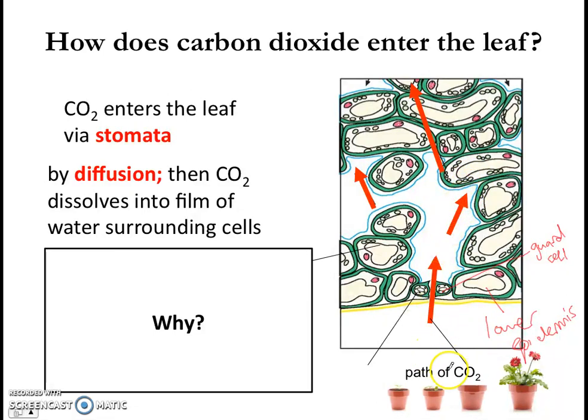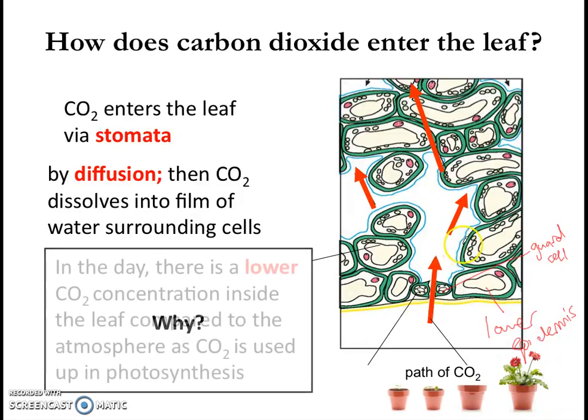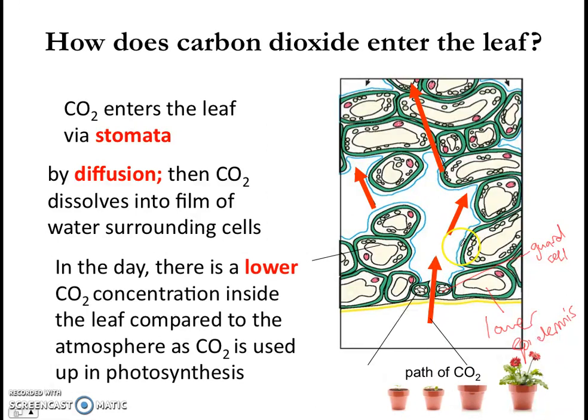Now, what causes carbon dioxide to move into the leaf by diffusion? Again, it is due to a difference in concentration. In the daytime, there is a lower carbon dioxide concentration inside the leaf, because carbon dioxide is used in photosynthesis.